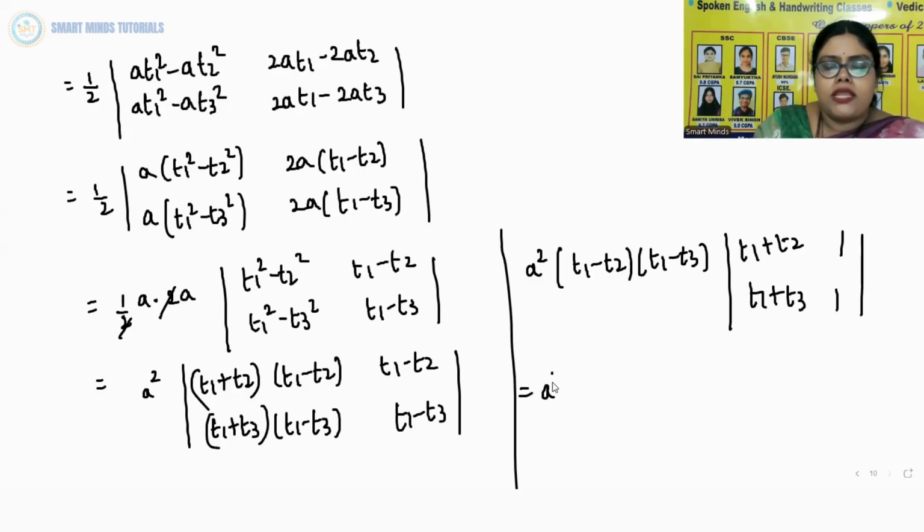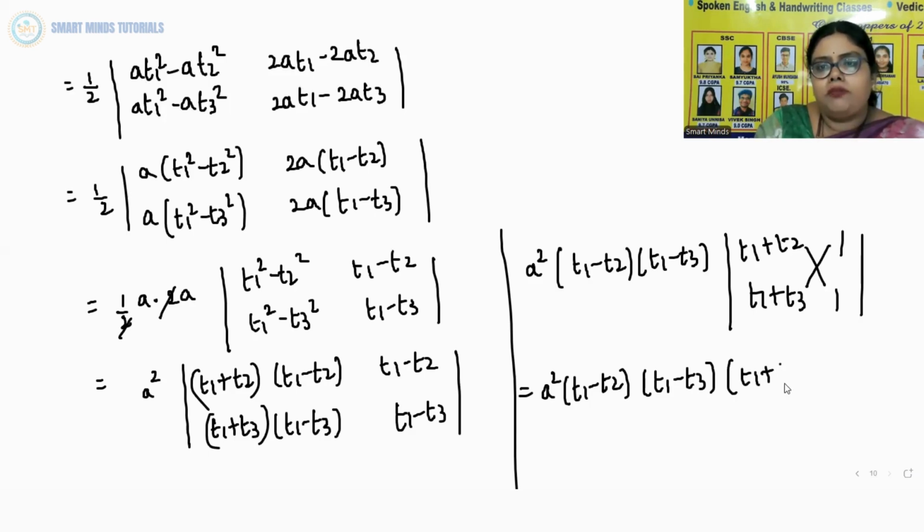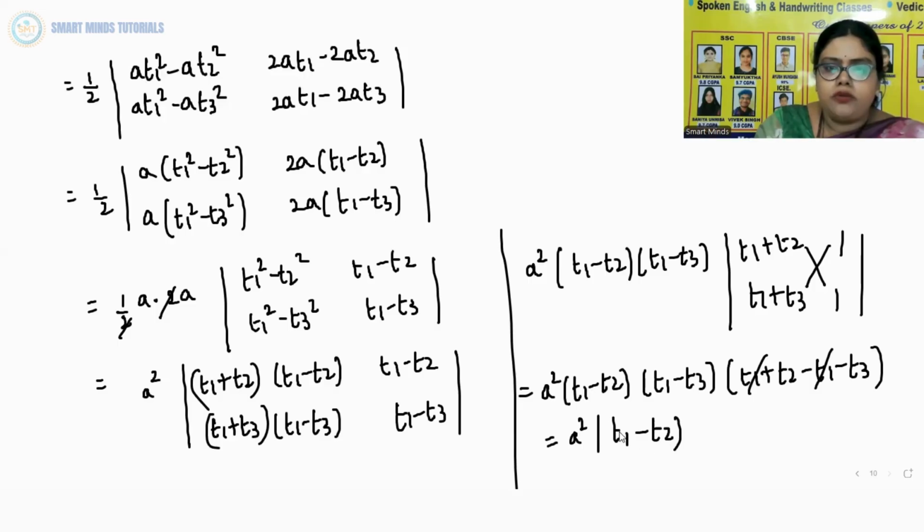So that is a square into t1 minus t2 into t1 minus t3. And if you expand the determinant, you get t1 plus t2 minus t1 minus t3. So t1 minus t1 get cancelled. So you get a square mod t1 minus t2 into t2 minus t3 into t1 minus t3.